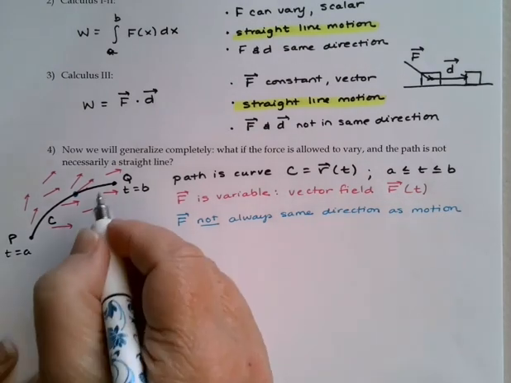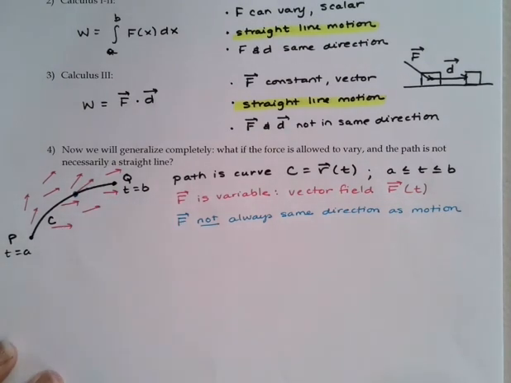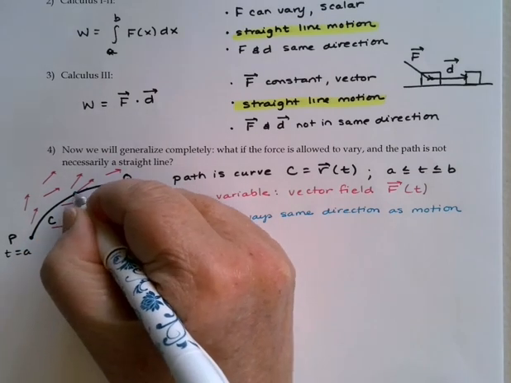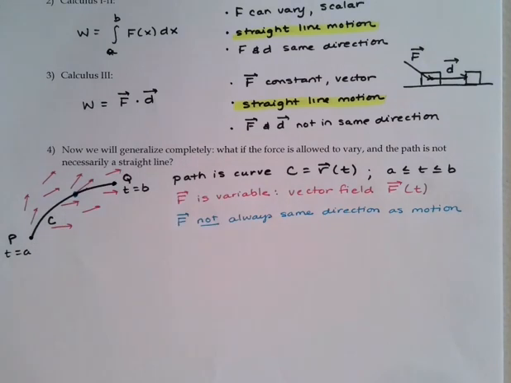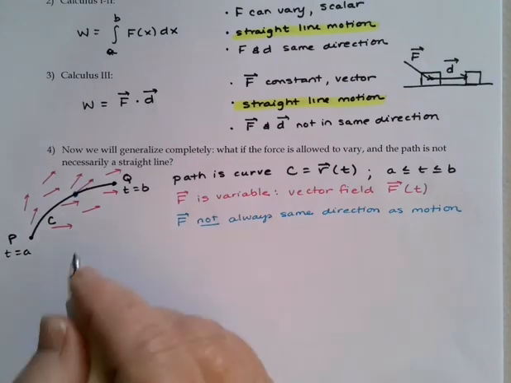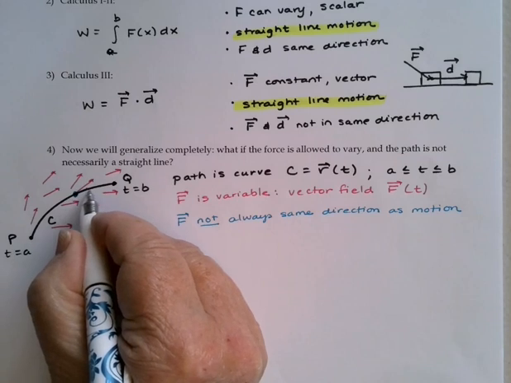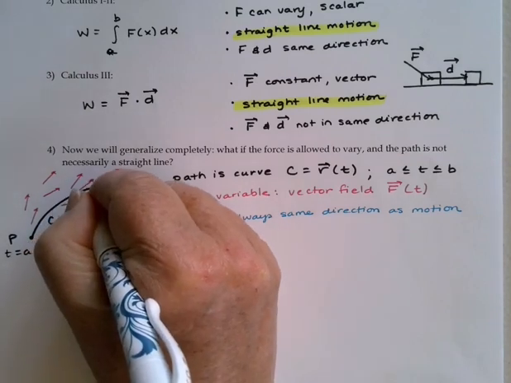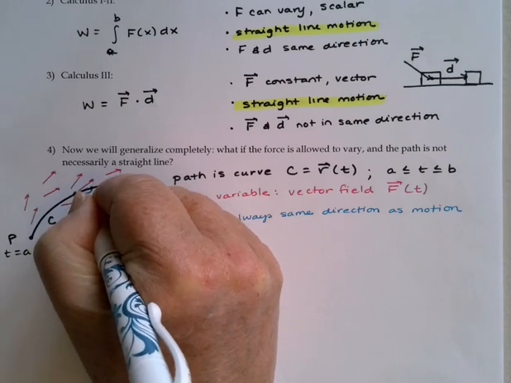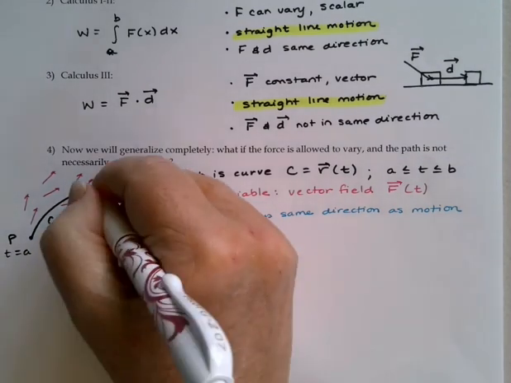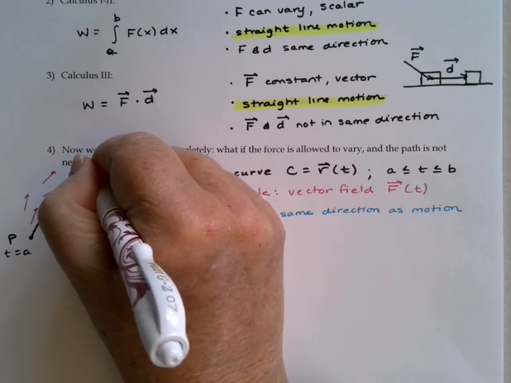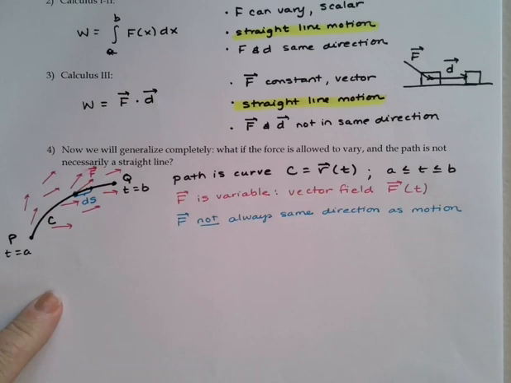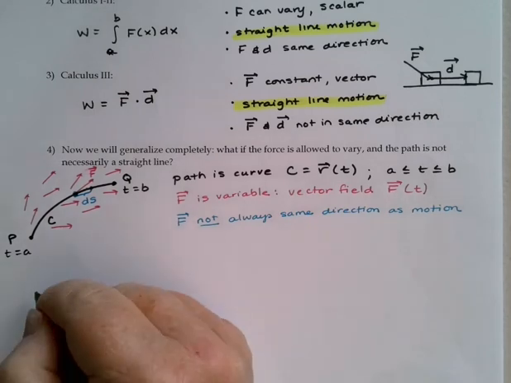As a matter of fact, I'm going to take this little section right in here and enlarge it. Let's suppose that right at that specific point, I've got one vector from my vector field acting, and I can imagine that that's valid for some little distance along the curve. So I'm going to assume for this small distance, ds, I've got this one specific vector F. I'm going to enlarge that little piece down here so we can talk about it a bit more.